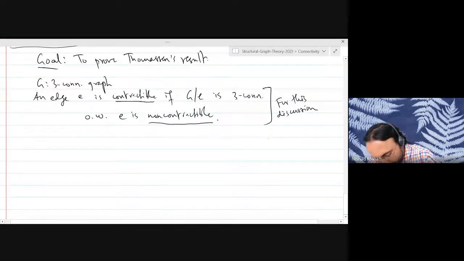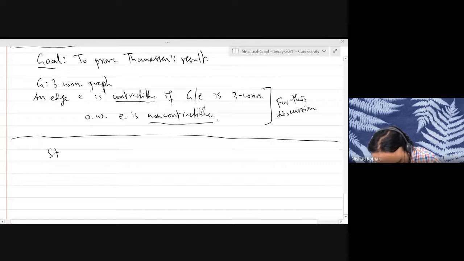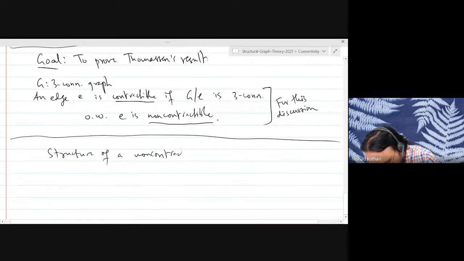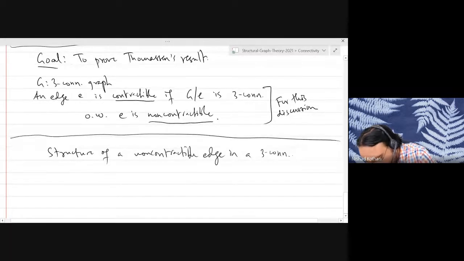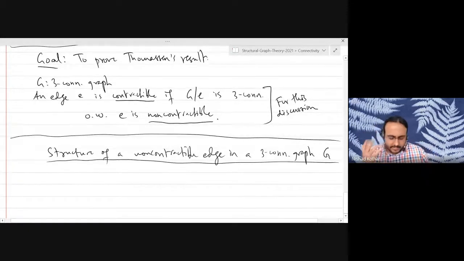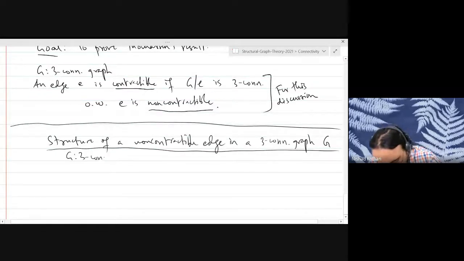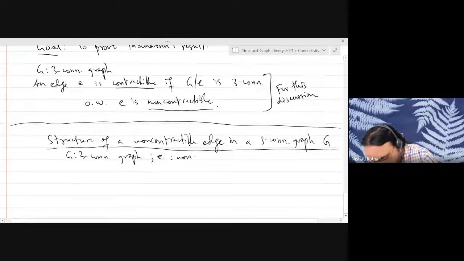So, let us try to understand the structure of a non-contractible edge in a 3 connected graph G. Okay, what I mean is the structure of the graph with respect to this edge. Okay. So let us say G is our 3 connected graph and e is our non-contractible edge.